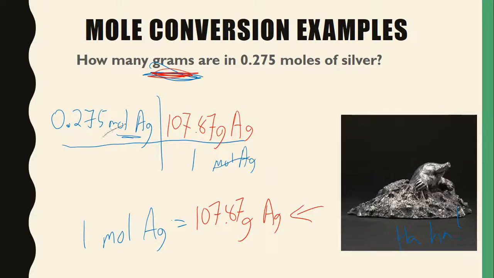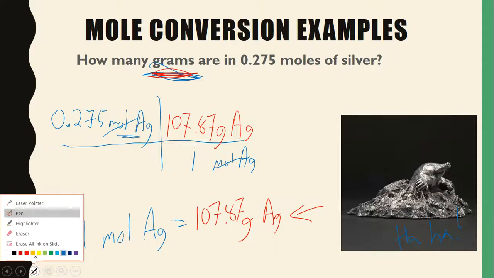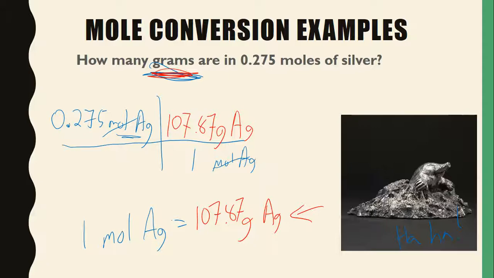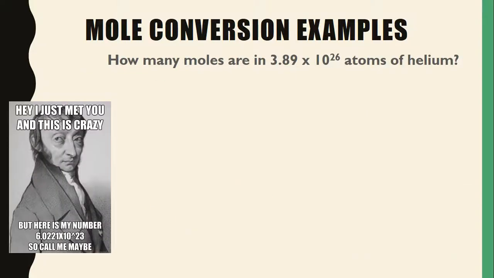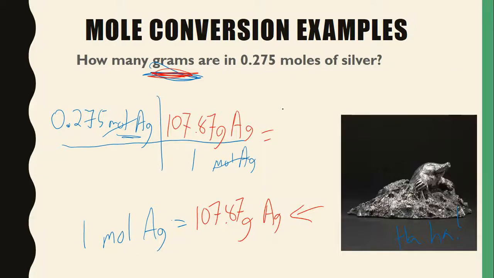So now the moles of silver cancel. We have grams of silver up there, and we can now do the math. So 0.275 times 107.87 gives 29.664.